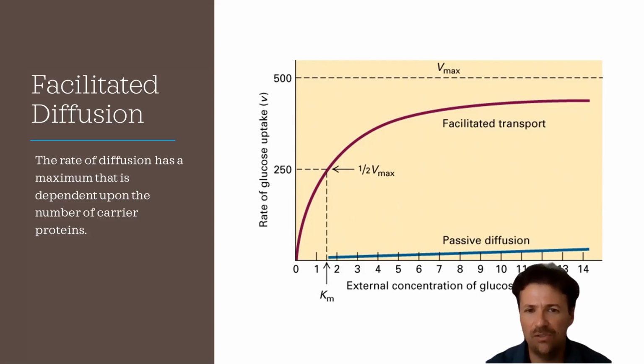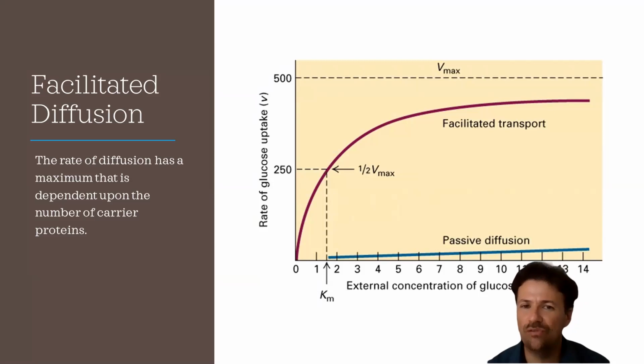So even though the concentration gradient is increasing, there's only a very slight increase in the amount of glucose that moves across the cell membrane. However, when you have a transporter present and the concentration increases, notice we have a much greater increase in the rate of diffusion.